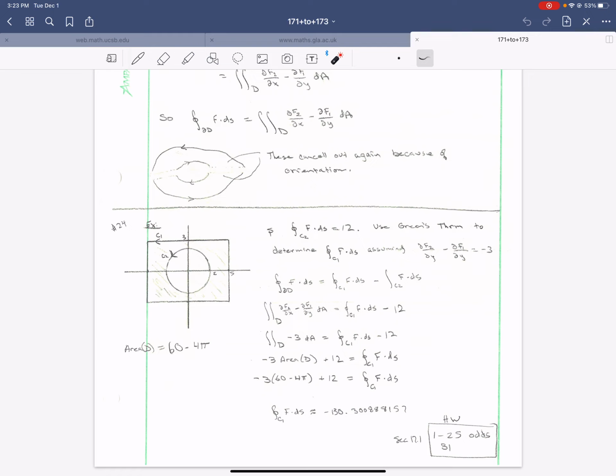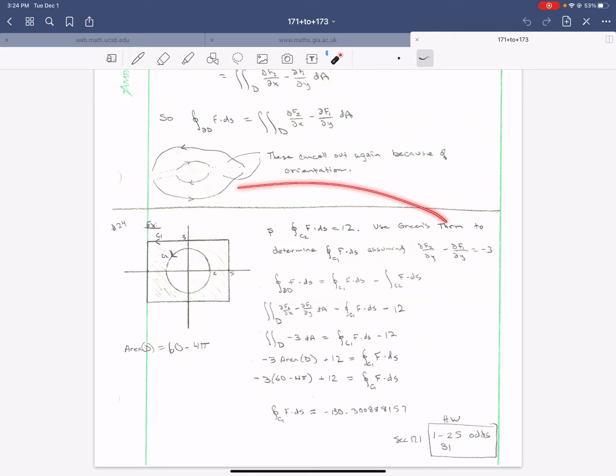They give you the circulation around the circle happens to be 12. And then they want you to use Green's theorem to figure out what is the circulation then around this other thing. So I'm using something I know to figure out another piece that I don't know. And we're going to see how that happens. But what they tell me is I do know whatever the vector field is.